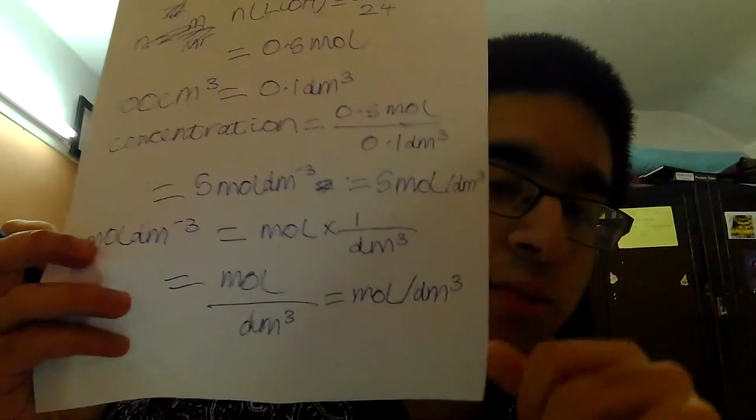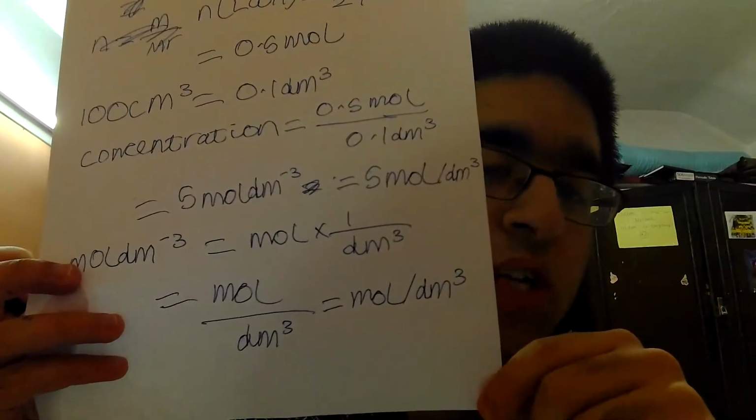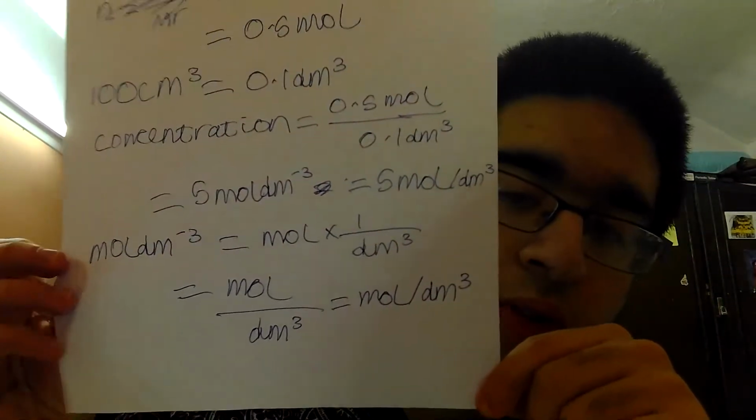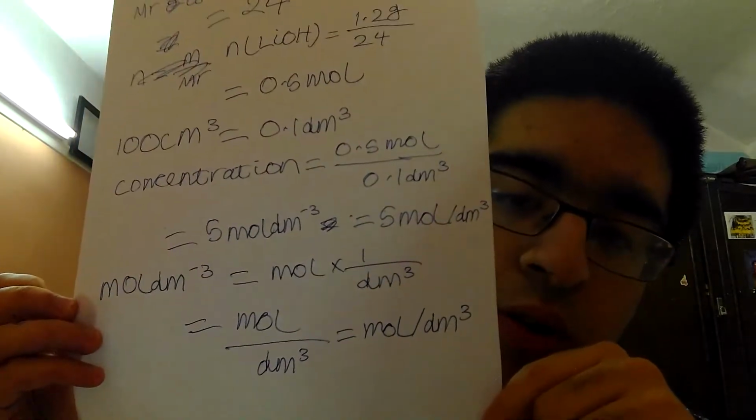That just gives us mole over dm cubed, which equals mole divided by dm cubed. So that's basically why you could write it as mole dm to the minus 3 or mole slash dm cubed. Hopefully that makes sense. Just giving a brief explanation of why that is the case.